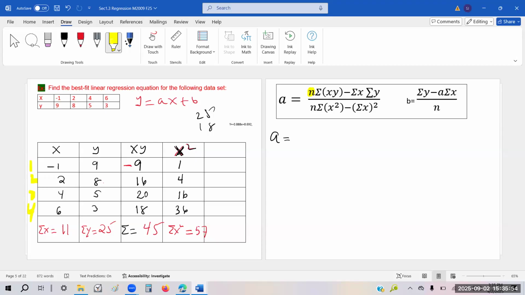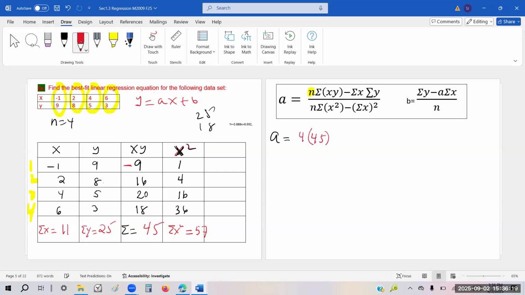You have 4 data points. 4 pairs. So your N is 4. So you replace N with 4, and then you multiply that with sum of xy. How much we have for sum of xy?